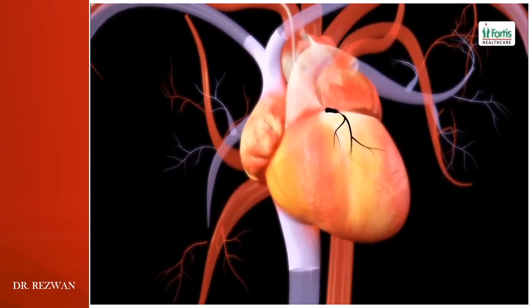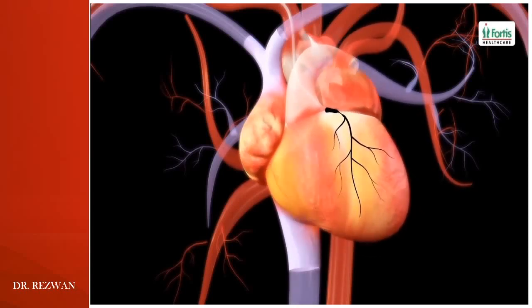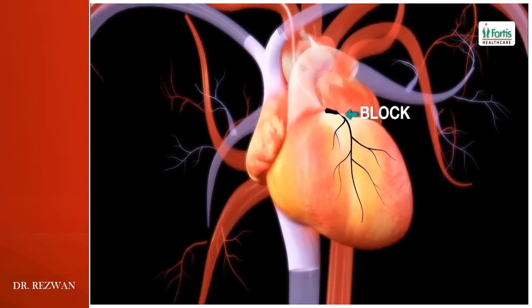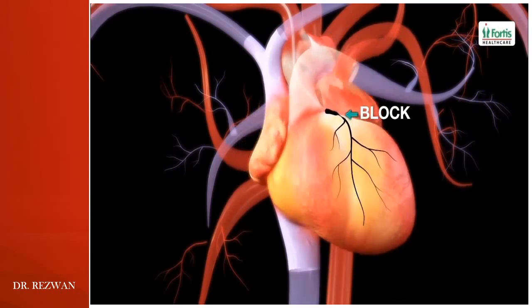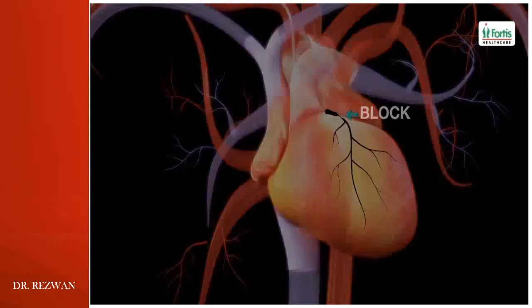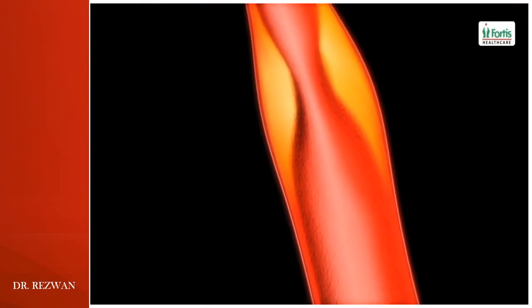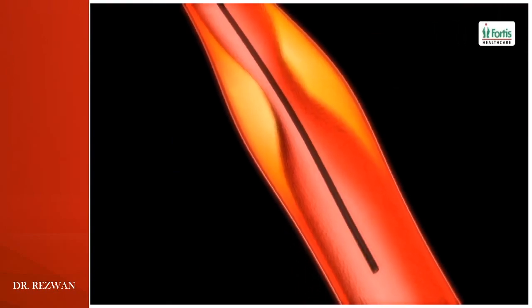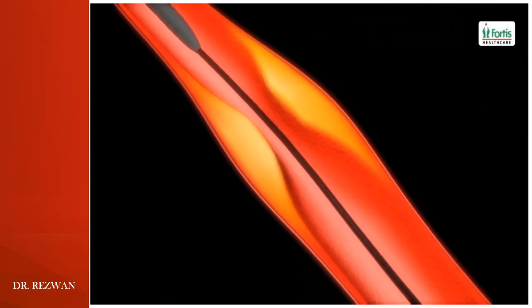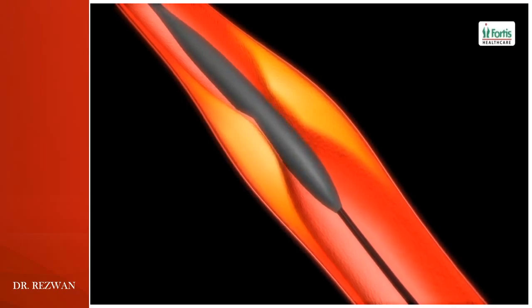A special dye is injected, which allows the fluoroscope to take X-ray images of the arterial interiors and helps in identifying the position of the block. This is called an angiogram. Once the blockage is identified, a flexible guide wire is inserted into the artery, followed by a balloon-tipped catheter over this wire to position itself at the site of the blockage.